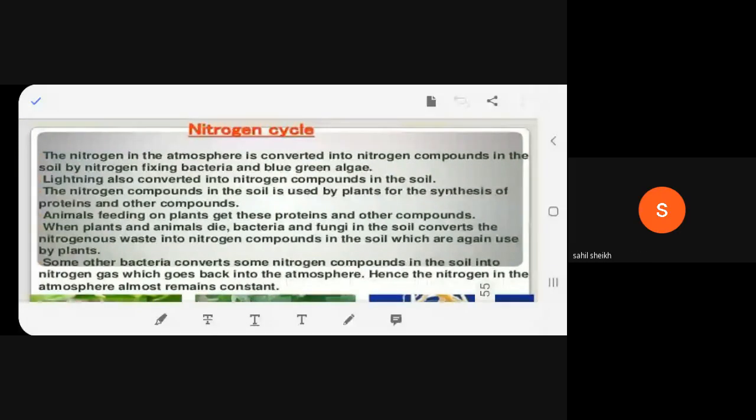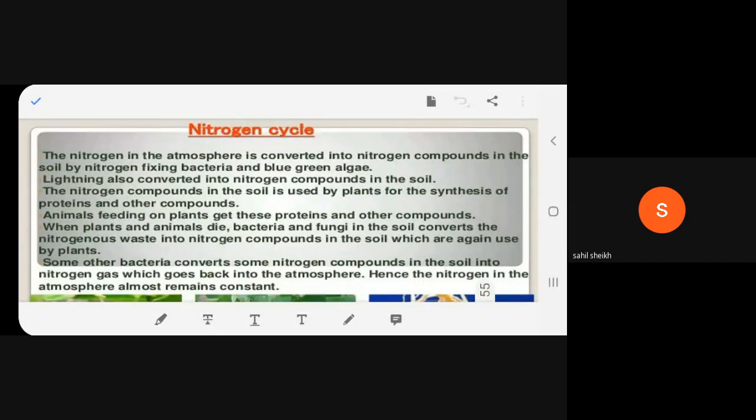Next, beta. The nitrogen compounds in the soil are used by plants for synthesis of proteins and other compounds. Now it is fixed by the rhizobium bacteria in the soil. What is the next step? What is the plant doing? The nitrogen is taken up by the roots.